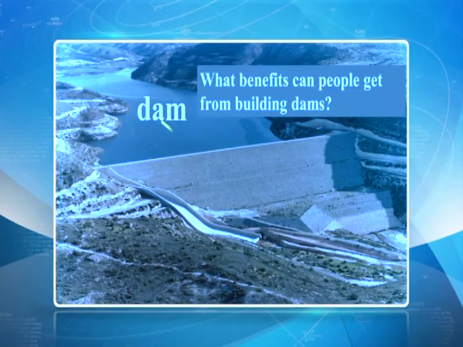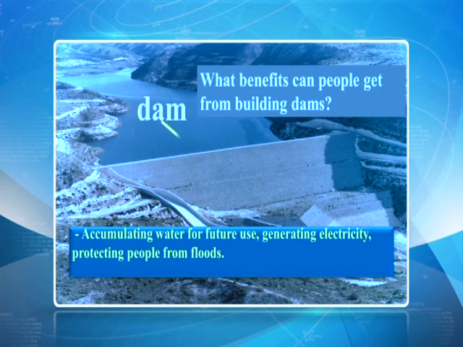Now, my dear students, we will move on to the set book questions. Read the question carefully and then answer it in a full sentence. Let's read the first question. What benefits can people get from building dams? I'm sure there are benefits, right? What are the benefits? Let's read them together.